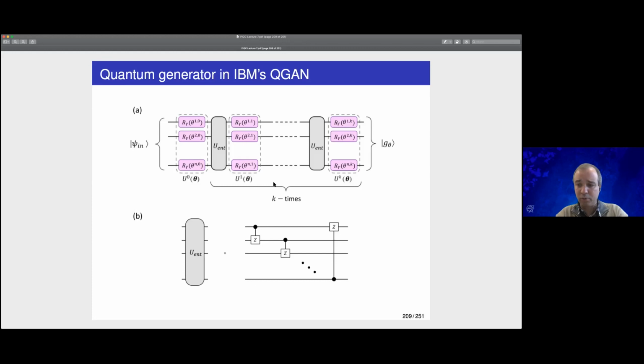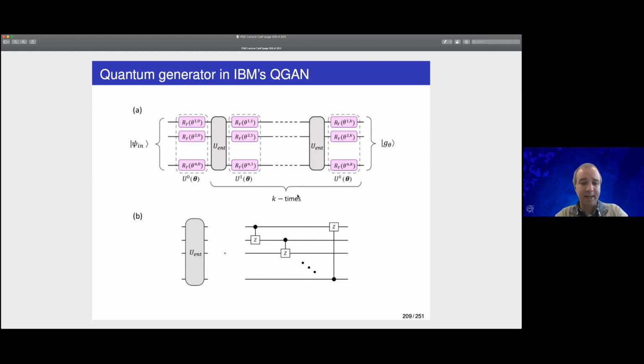I showed you some other possibilities last week, and the details can change slightly from one proposal to another, but usually we have these parameterized gates, some entanglement, and then we can repeat some of the layers. You can find more details about this proposal in the paper I showed you in the previous slide.